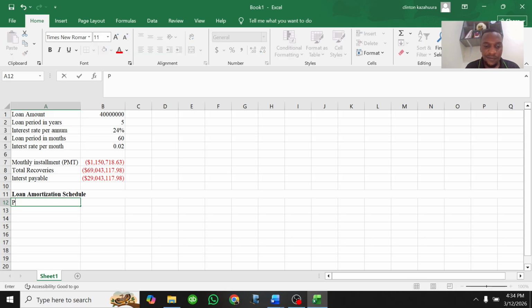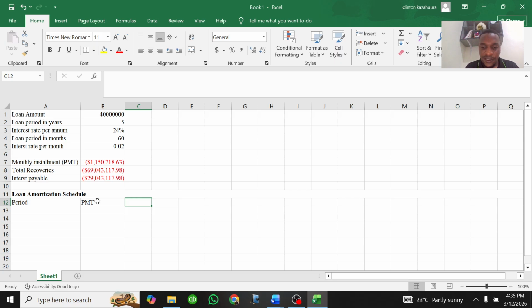So here is the format. We're going to have the period, then we have the monthly payment, which is the monthly installment, denoted by PMT. Then in that monthly installment, we shall have the principal payment, denoted by PPMT.